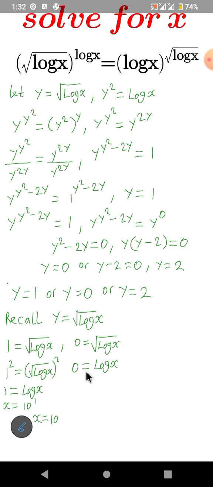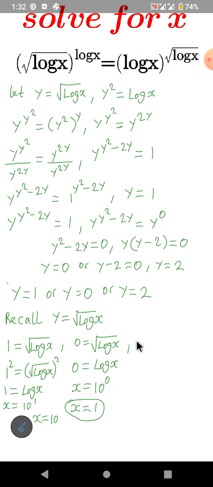Then from here, I can say that x is equal to 10 raised to the power of 0 according to the law of logarithm. So therefore x is equal to 1. But this solution for x is not acceptable to make this equation valid, so we'll just leave it like that.